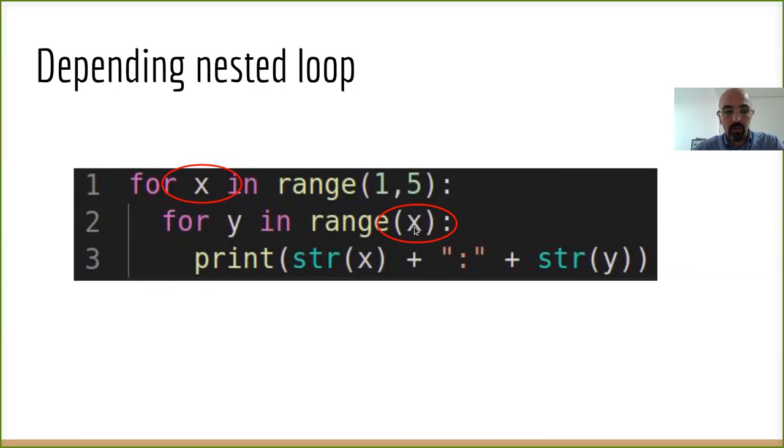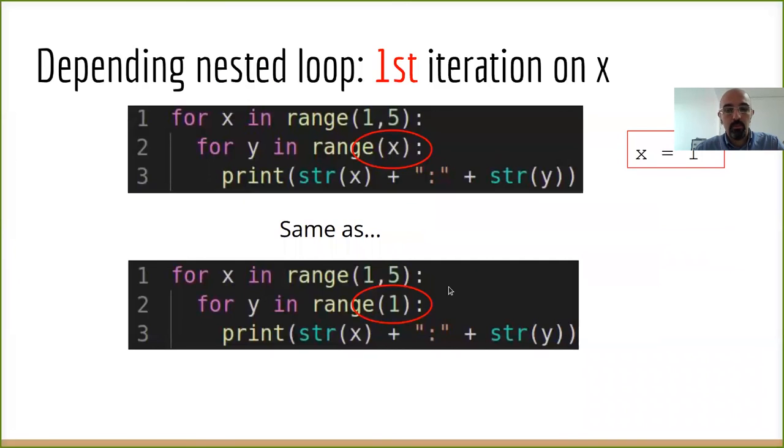So the first iteration, x will be 1, and it is the same as having this kind of code: for x in range 1 to 5 and for y in range 1.